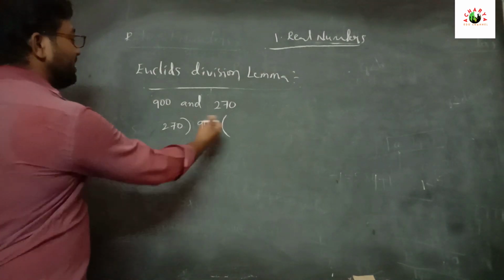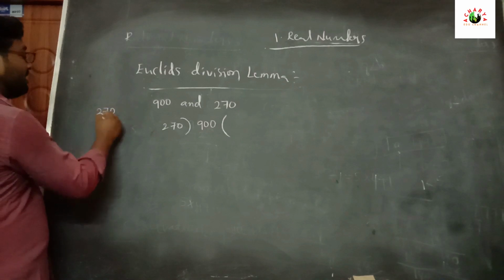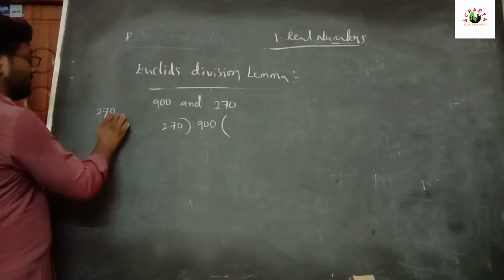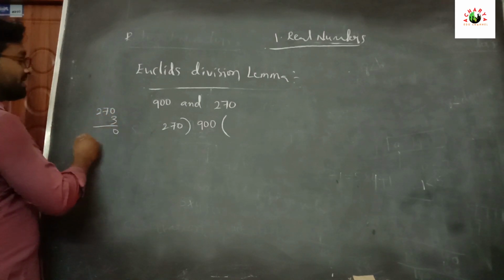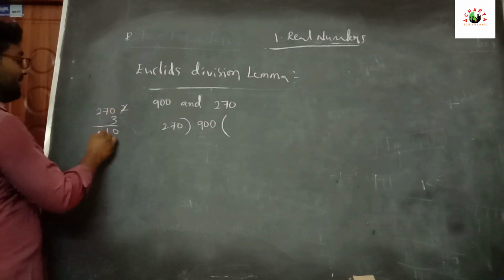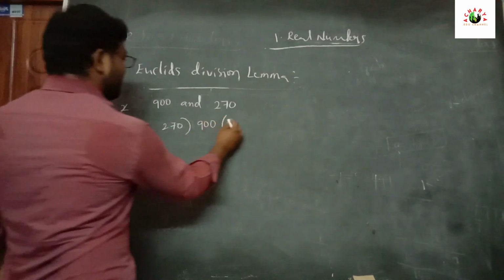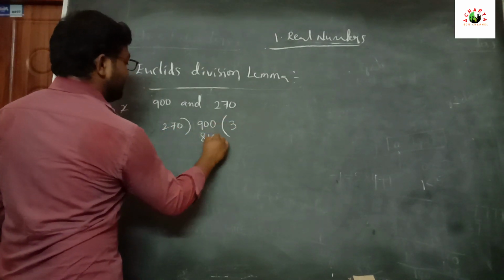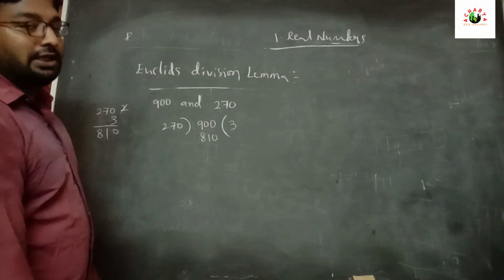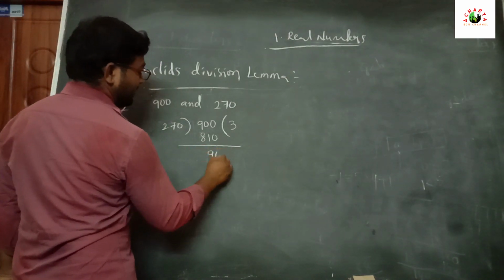So 270 how many times is 900? Once you check it, 270 times 3 is 810. So the remainder here is 90.